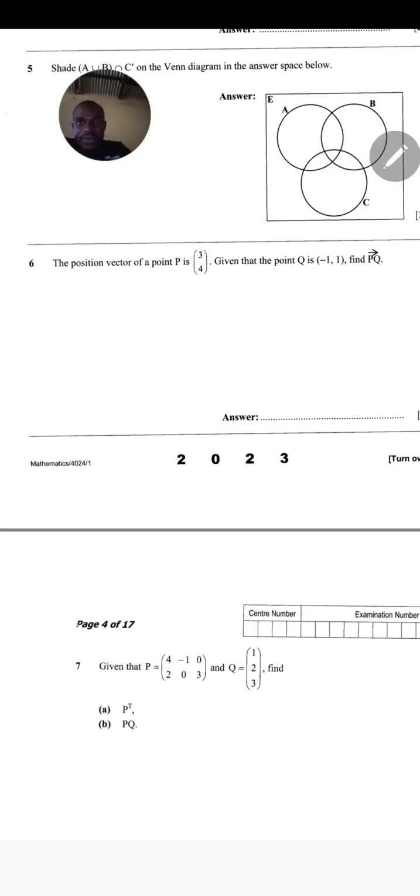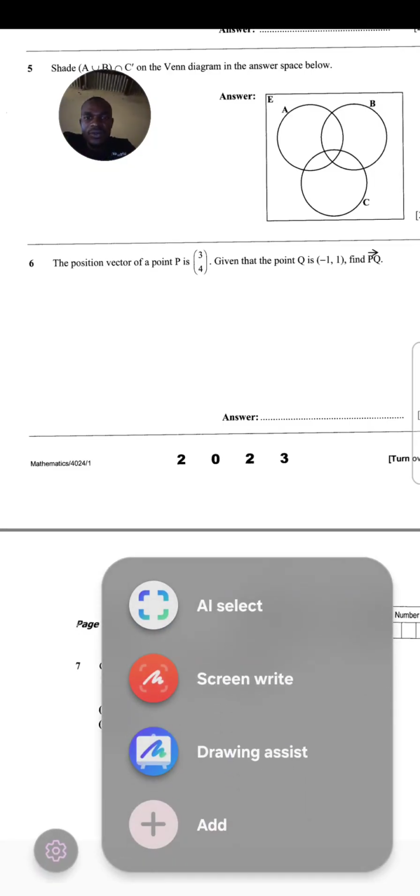These are vectors here. The next question, we are going to solve vectors. The position vector of a point P is this. Given that the point Q is this, -1, 1, find vector PQ.